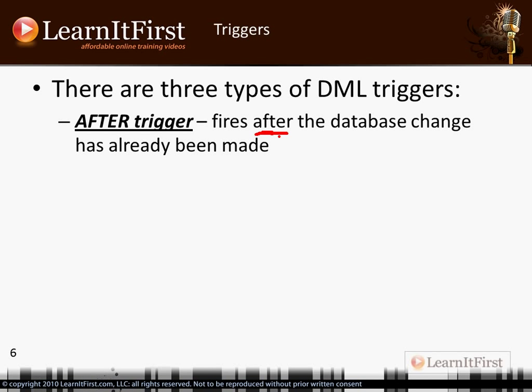But think of it this way. Let's say you have an update trigger on the member table. The user issues an update statement. The change is made in the database, and now your trigger fires. Before the transaction is complete, your trigger fires and does whatever processing you've coded into the trigger. It's just SQL code.